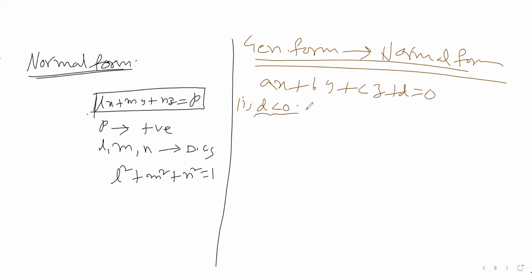case, I can express this as a by root over a square plus b square plus c square into x plus b by root over the same thing into y plus c by root over the same thing into z equals, when your d is negative, you can bring that to the RHS, then that is positive again.